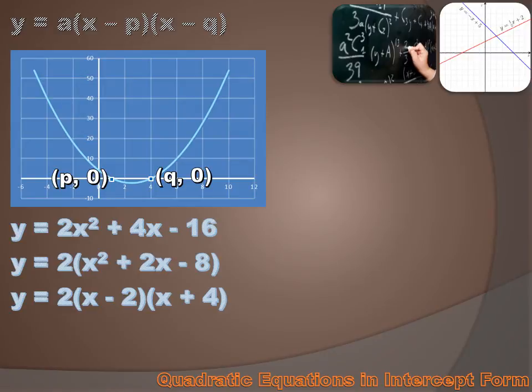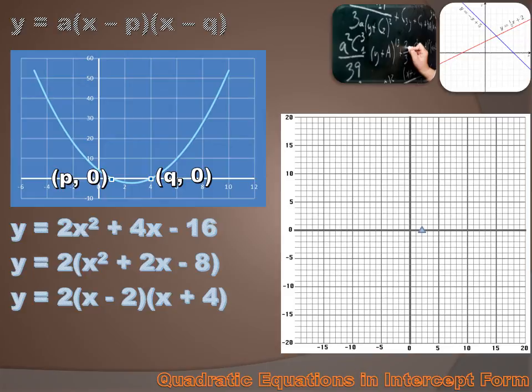And my intercepts are going to be P and Q. But in the basic form, it's x minus P and x minus Q. So if I've got a minus sign here, then positive 2 is in fact a root. But if I got a plus sign here instead of a minus sign, then this Q value has to be negative 4. So my roots are going to be positive 2 and negative 4.